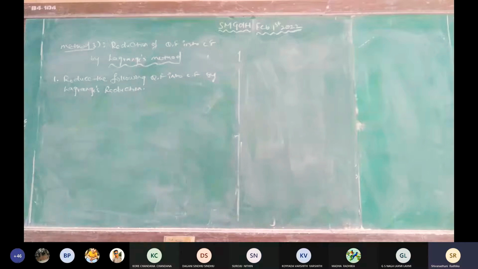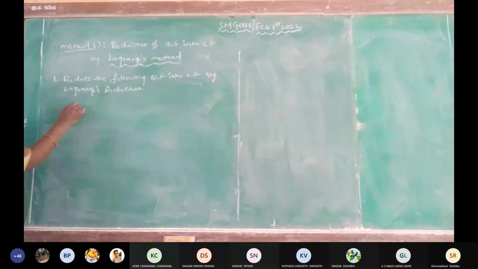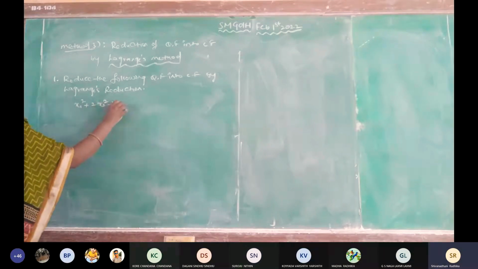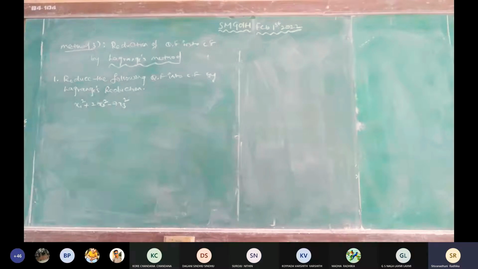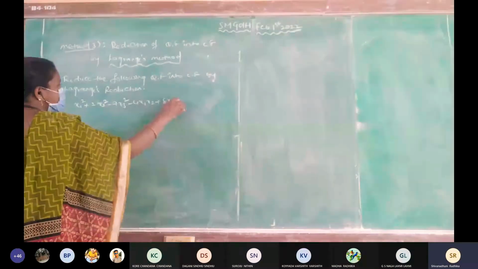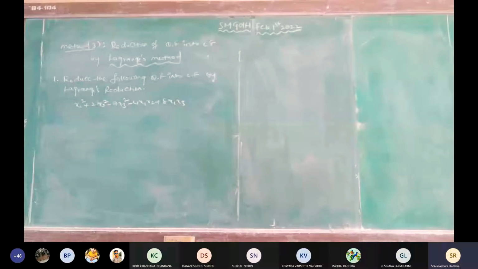Write the form: x1 square plus 2x2 square minus 7x3 square, next, minus 4x1x2 plus 8x1x3. Is it clear? See, this is a problem.